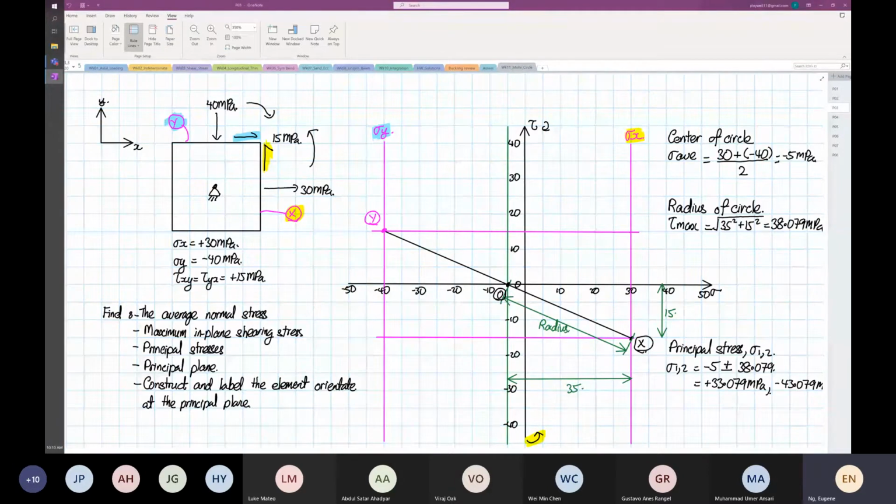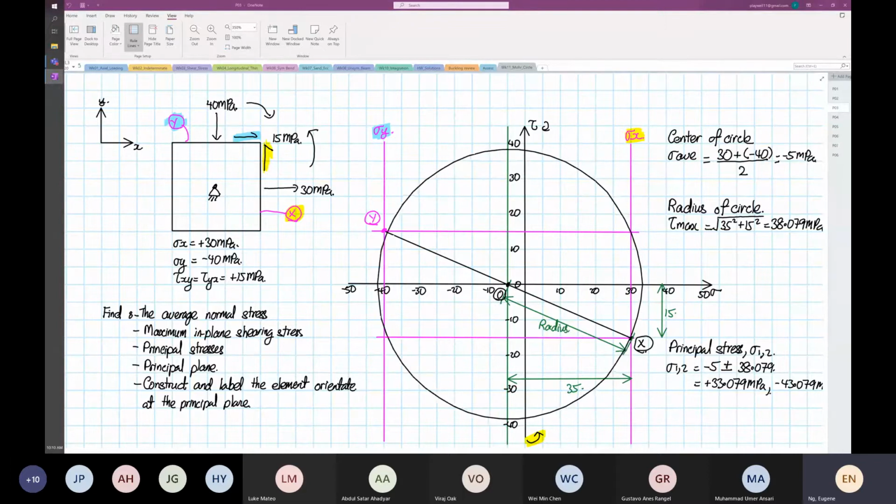Okay, and then one side is at 33, so 33 is somewhere around here. And the other side, I have to stretch to 43. Right. So this is your first Mohr circle.